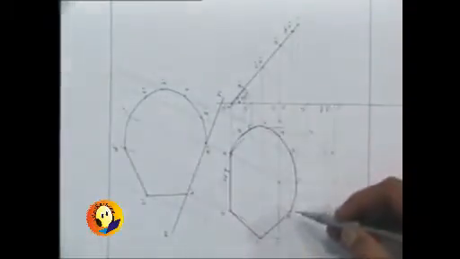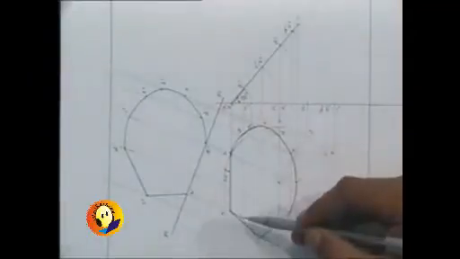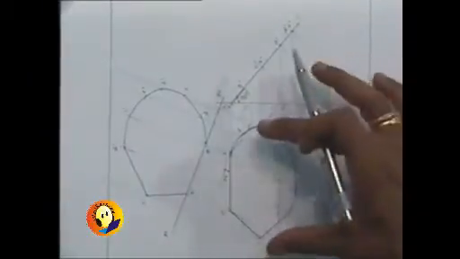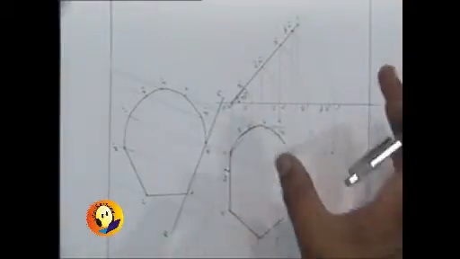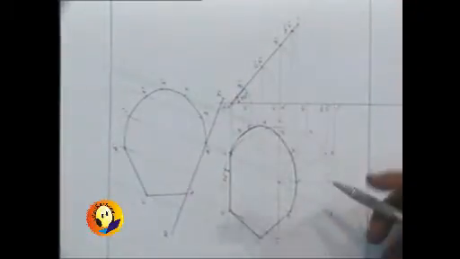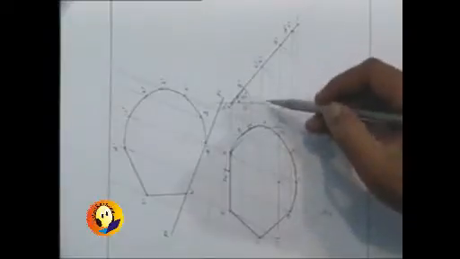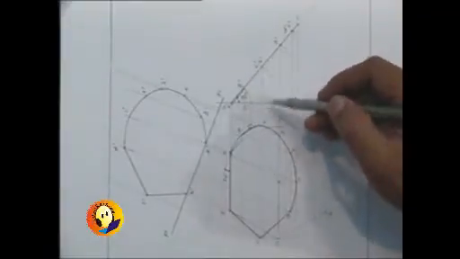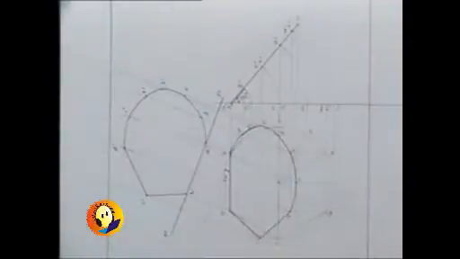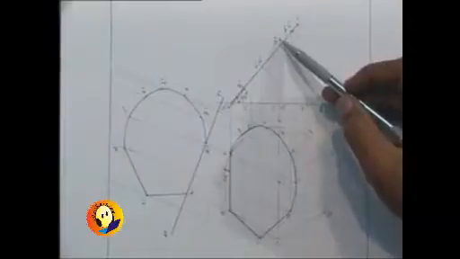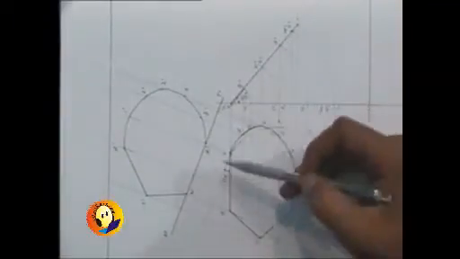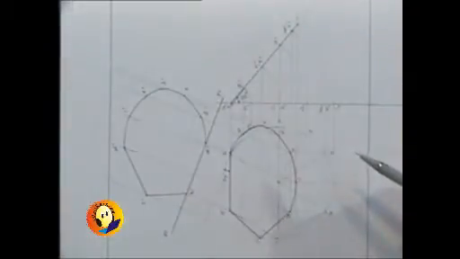We got the final plan, and then that side in HP should make 20 degrees. So instead of lifting this particular plan and drawing it at 20 degrees, we have rotated the XY line itself, and the distances of all the points are transferred from the previous elevation to obtain the new elevation. It is the same concept again. Go to the previous XY, previous view, take the distances and transfer. A solution by the auxiliary plane.